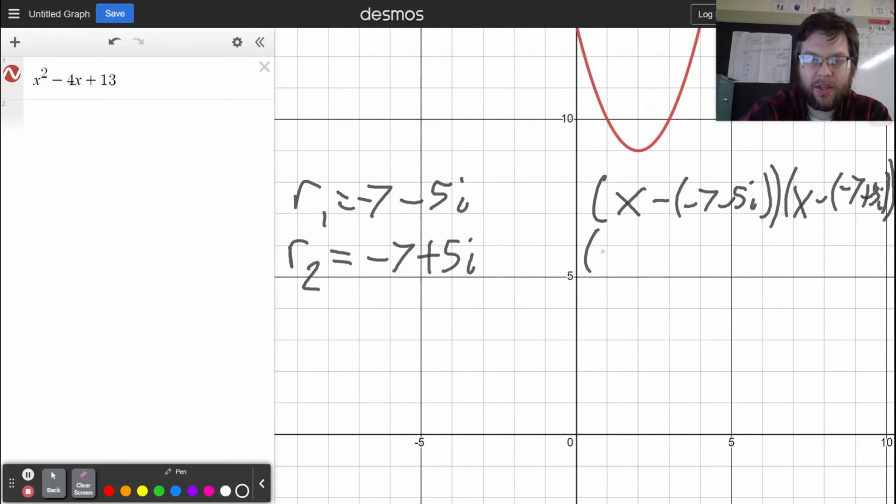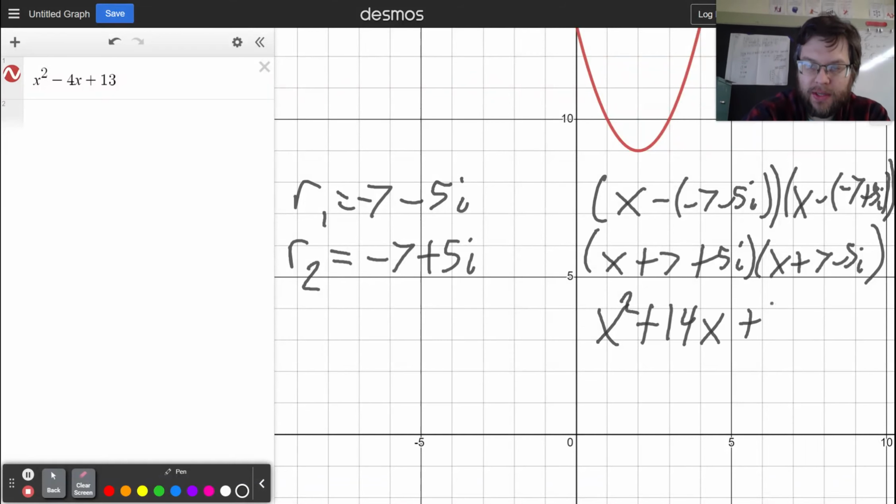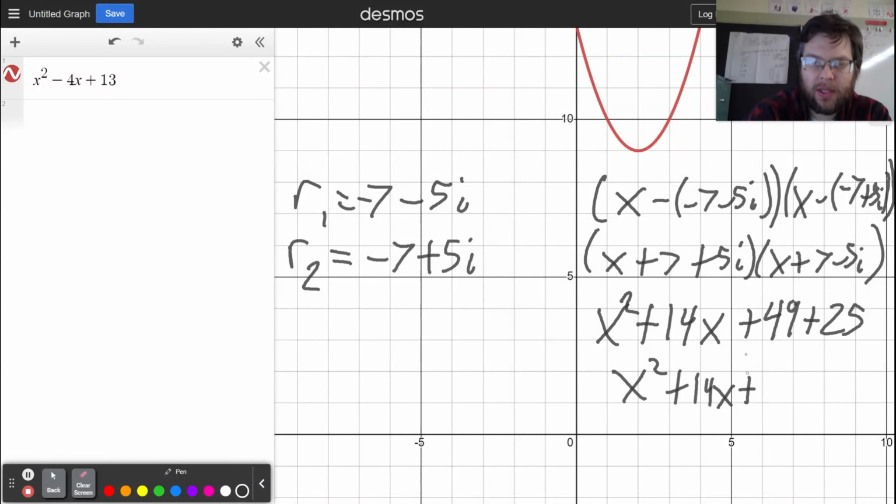I can distribute the negative. And I can say my standard form is going to be x squared. 7 plus 7 is 14. 7 squared is 49. 5 squared is 25. So x squared plus 14x plus 74.